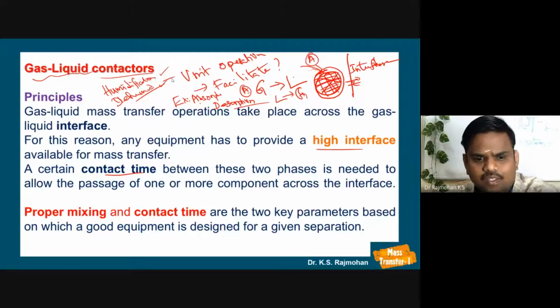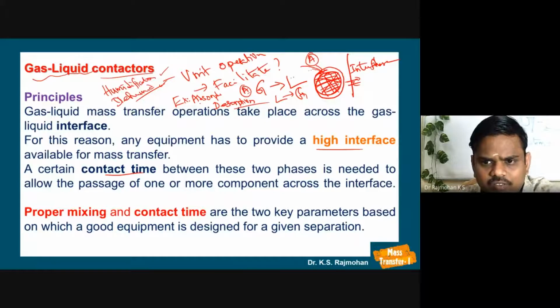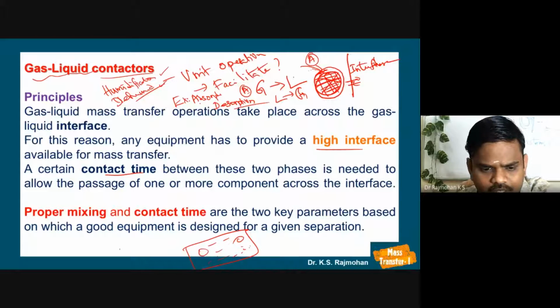So obviously, what is needed here? Two things. One is we should allow sufficient time for mass transfer to take place, that is contact time, and the phases should come in contact with each other. Take a bus with 100 seats: the chance for two people to come in contact with each other is going to be less. But if there are only two seats, the contact between them will be ensured, right?